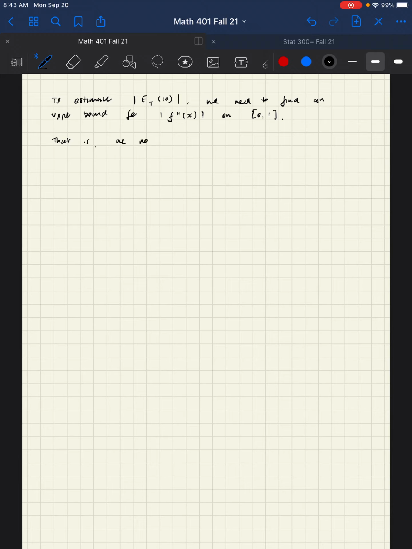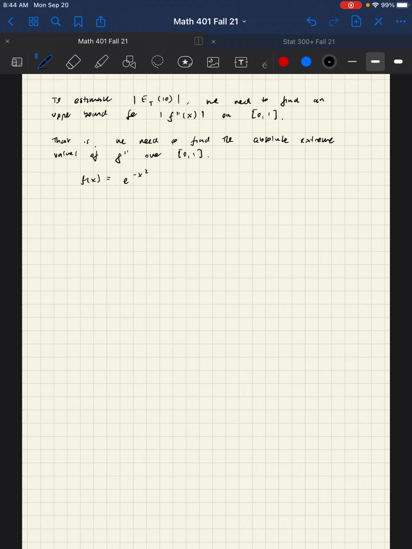So we need to find the absolute extreme values of f double prime over that interval.